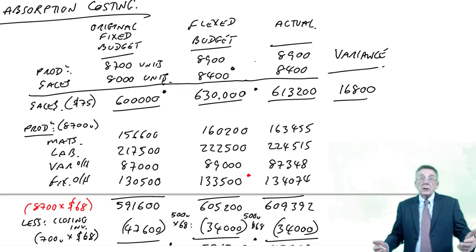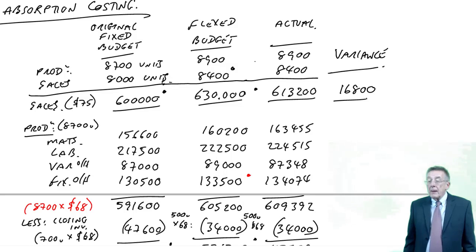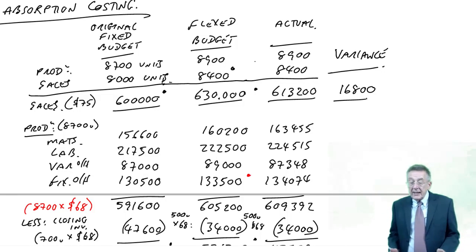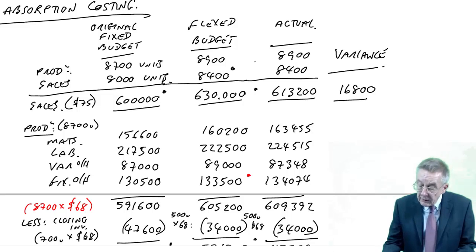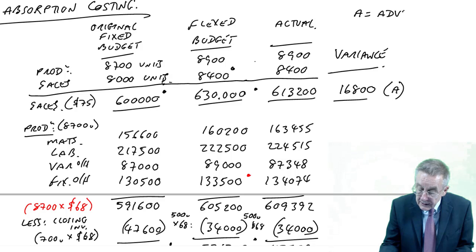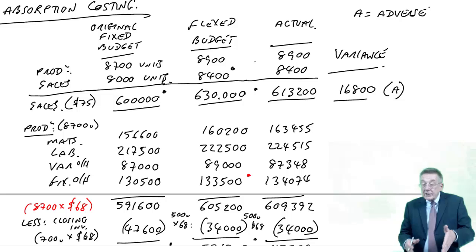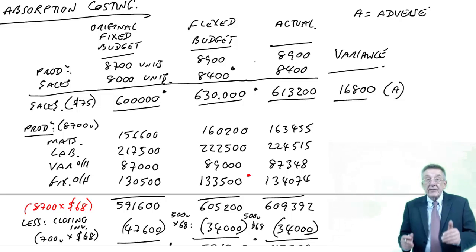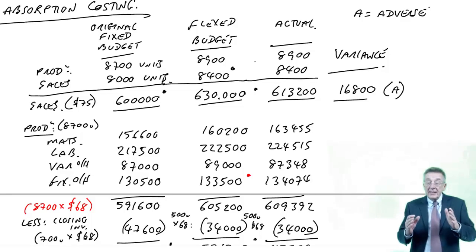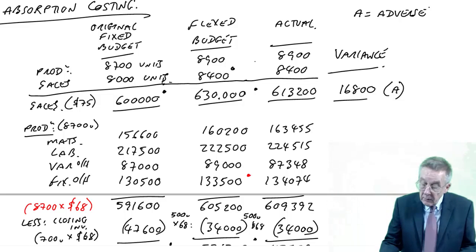And of course, on its own, less revenue will result in less profit. Rather than put brackets in, we write a letter against it. For this one, A for adverse, because less revenue means less profit. If it's going to result in less profit, it's adverse. If it's going to result in more profit, we use the letter F for favourable.